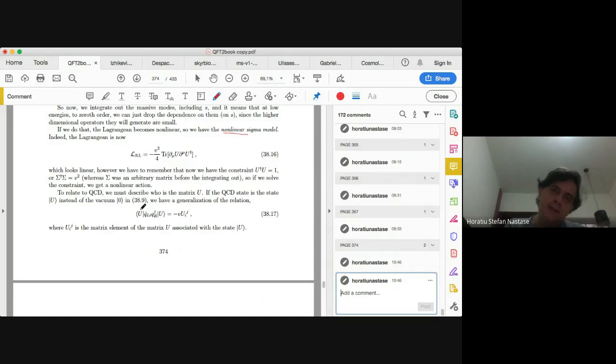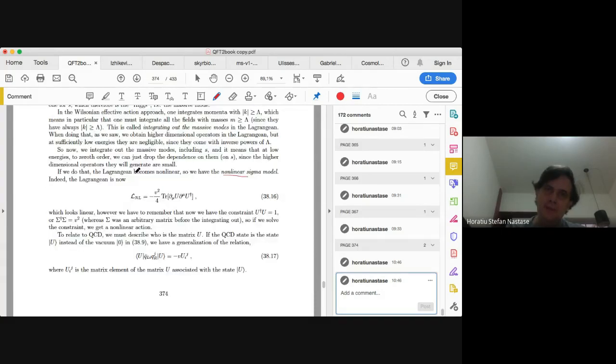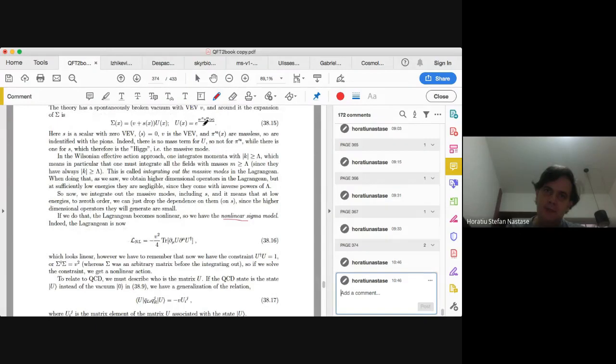So we had the vacuum expectation of Q bar left I, Q right J equal to minus V delta IJ. But now we want to study this non-trivial state, not the vacuum anymore, the state where I have the pions.